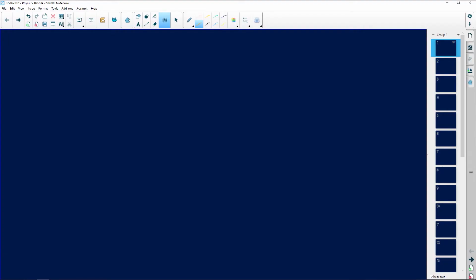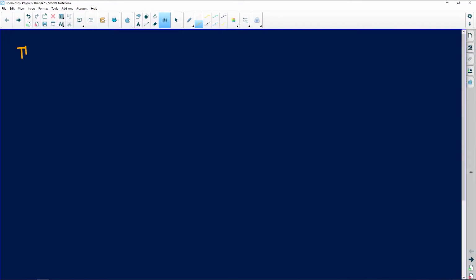First question, it's actually very easy. They're giving us the IUPAC name. Let me just move it a little bit this side. Now remember, I just want to write this in green.